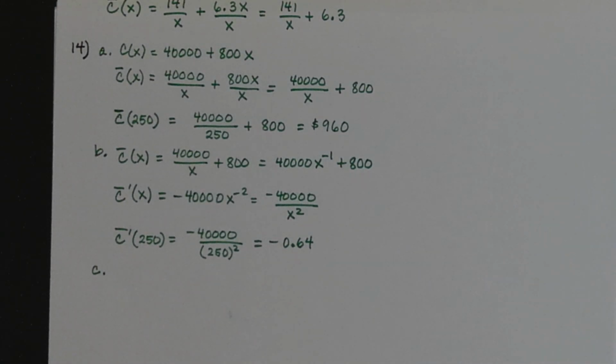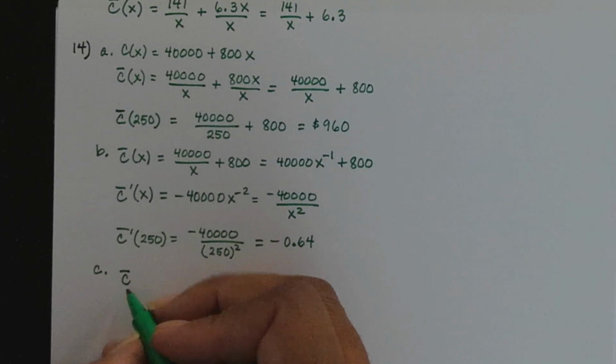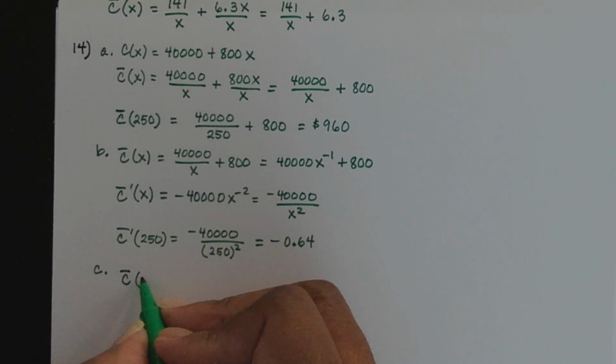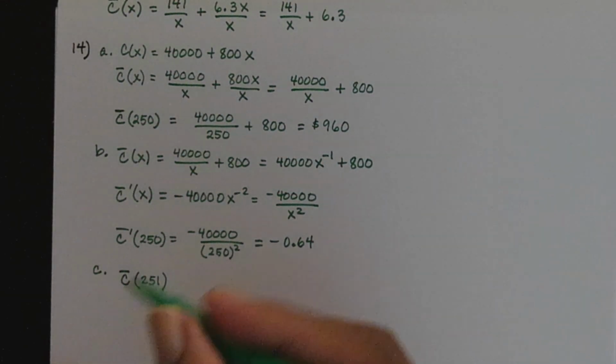Now, part C is on the next page. Use the results from parts A and B to estimate the average cost per frame if 251 frames are sold. So the way we do that would be, the average cost for the 251st frame would be this.